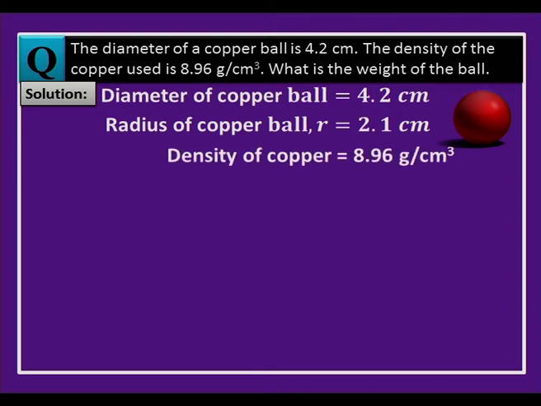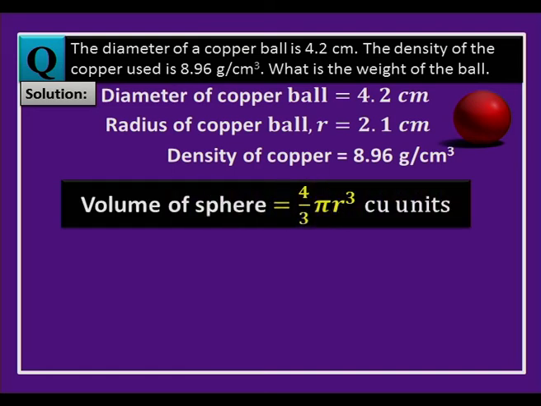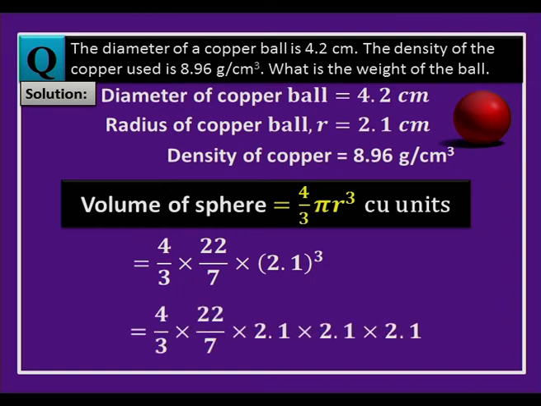Now, the density of copper is given as 8.96 grams per centimeter cube. So, the volume of a sphere is given by 4 by 3 pi r cube cubic units. Now, let us substitute the value of r here. So, we get 4 by 3 into 22 by 7 into 2.1 whole cube. Let us simplify further. Now, 7 goes one time in 7 and in 2.1 it goes 0.3 times.